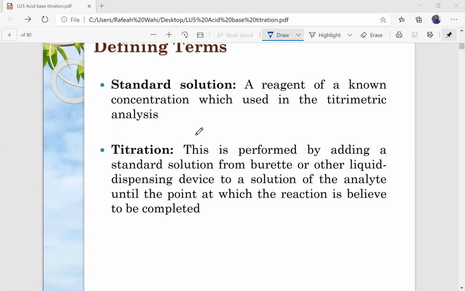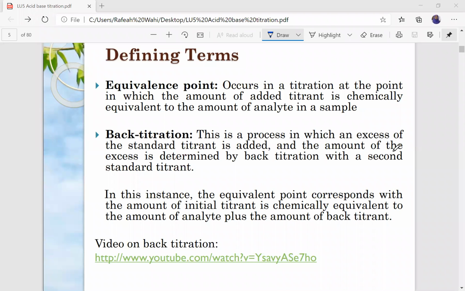All right. Titration is a process which is performed by adding a standard solution from a burette or any other liquid dispensing device to a solution of the analyte until the point at which the reaction is believed to be completed. When we talk about titration, we are going to encounter the term equivalence point.